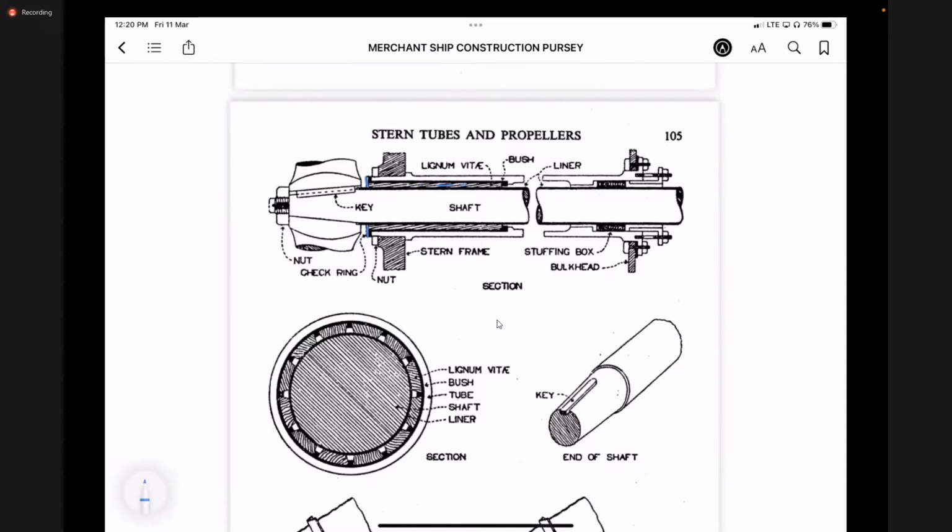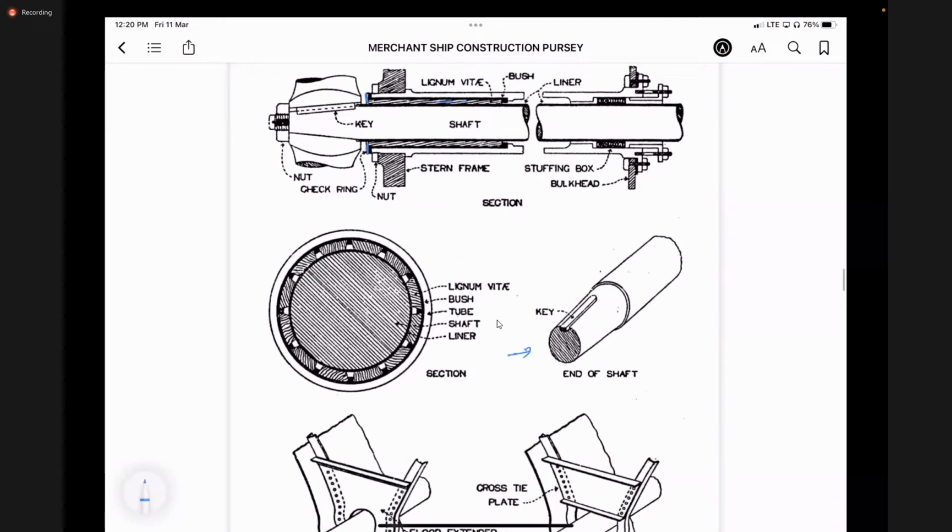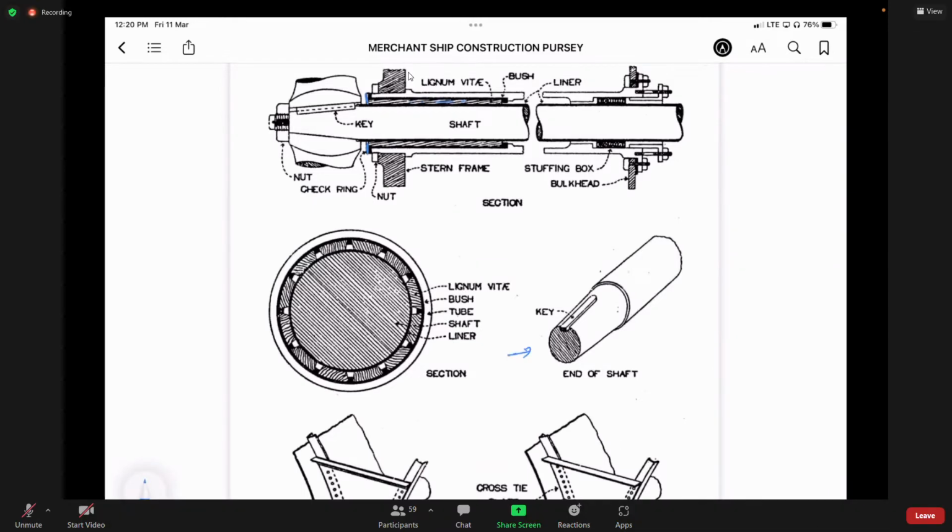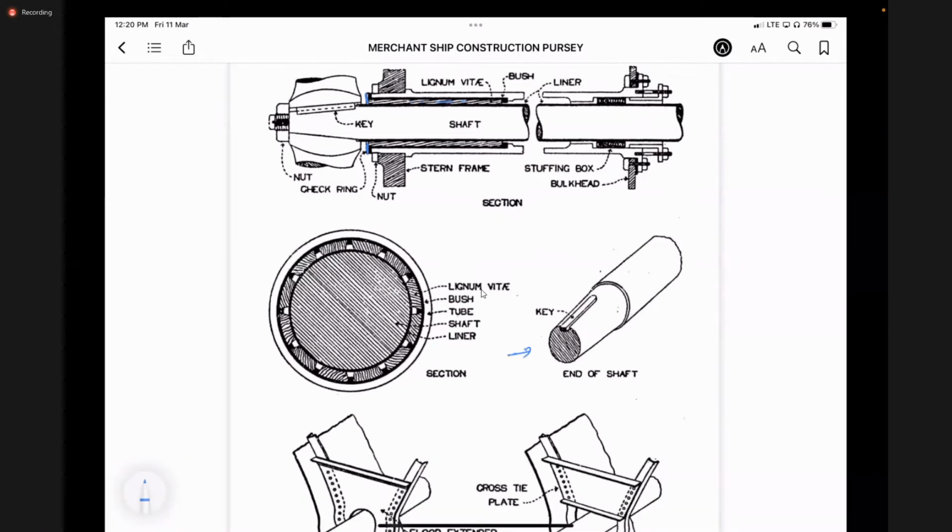What is shown here is actually the shaft. This key is again a factor which is shown here. It is not mandatory. In earlier days, when you are fixing the hub of the propeller, these keys would lock against it.